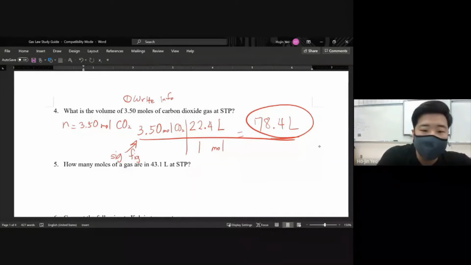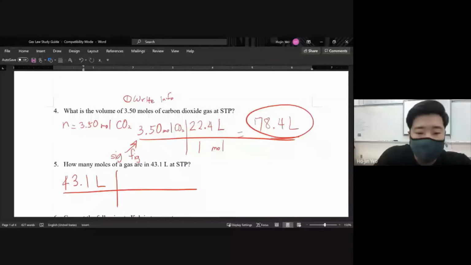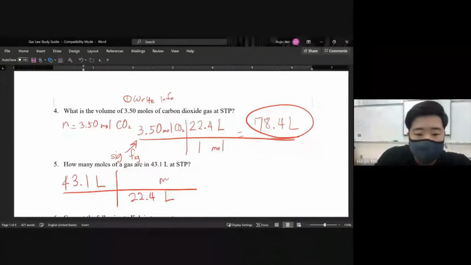Next, we're doing the vice versa of it. So I'm just going to draw the train track or the rail system. Write down the given information. The unit you want to get rid of goes to the bottom, and the unit you desire goes to the top.